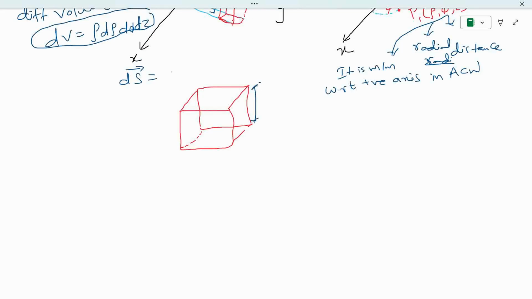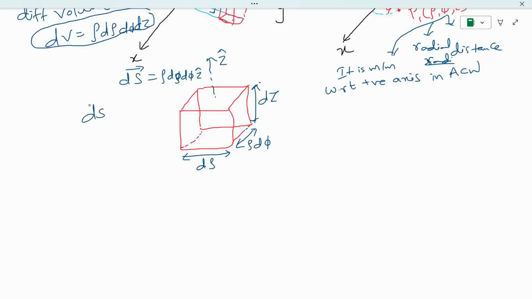This is dz, this is d rho, and this is rho d phi. Now, based on the surface that we are considering here, for example along the z axis, z cap, dS will be rho d rho d phi z cap.